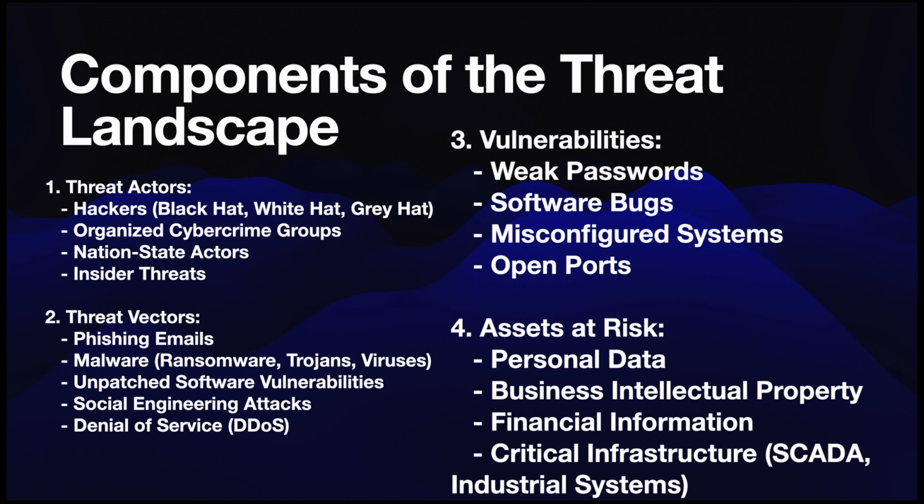Social engineering, tricking people into giving sensitive information. DDoS attack, flooding a website with traffic to make it crash. For example, in 2020, a big hospital network was hit by a phishing attack where employees unknowingly clicked a link, giving attackers access to patient data.